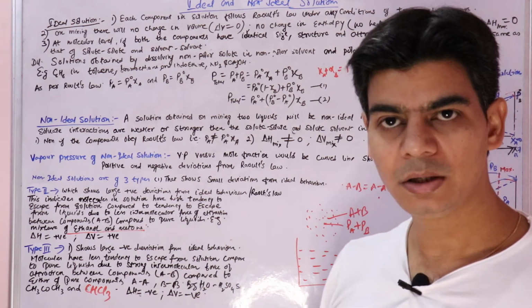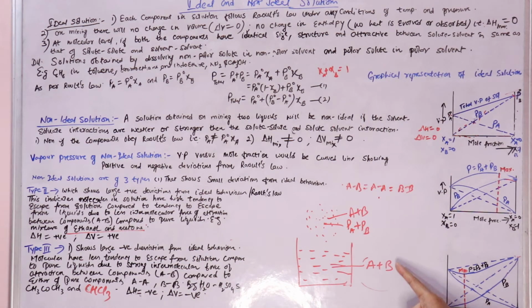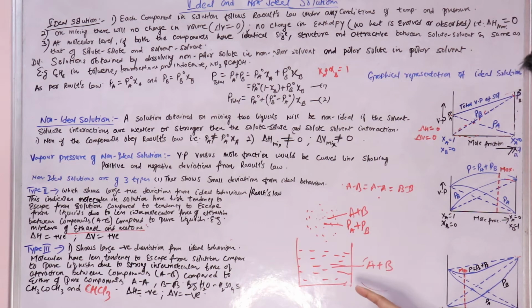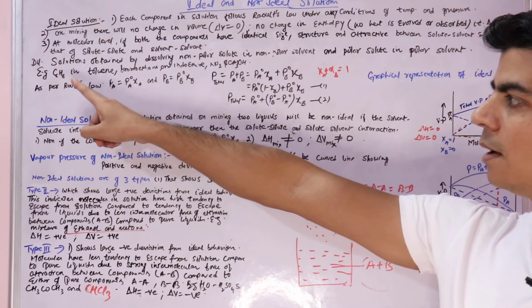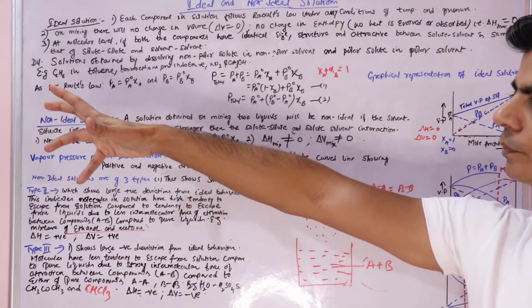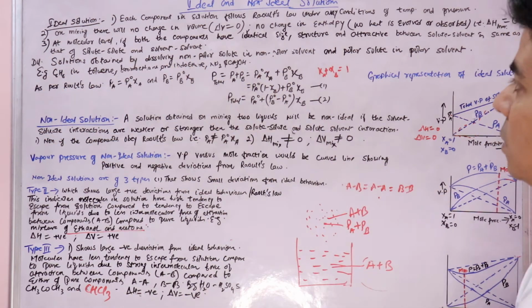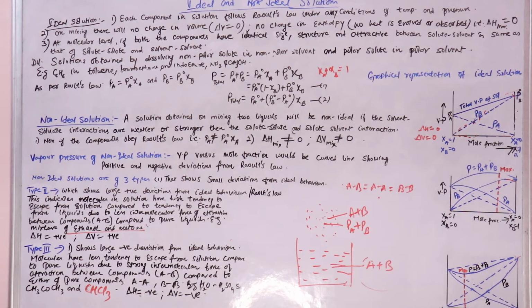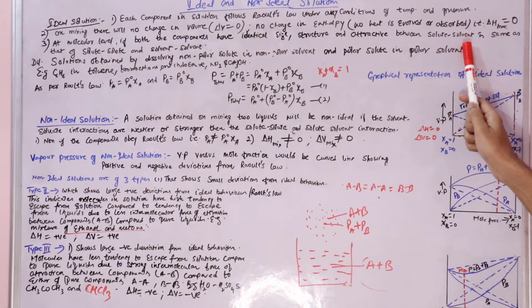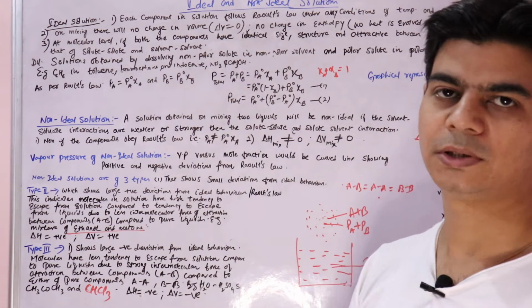At the molecular level, the molecular size and structure of A and B would be same, and the attractive force between A and B would be same as AA and BB. For example, the molecular size and structure of toluene and benzene would be nearly same, right? Same is with the rest of the examples. And this is important, that solute-solvent interaction is same as solute-solute and solvent-solvent in case of ideal solutions.